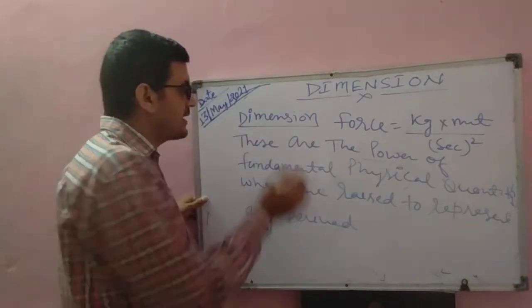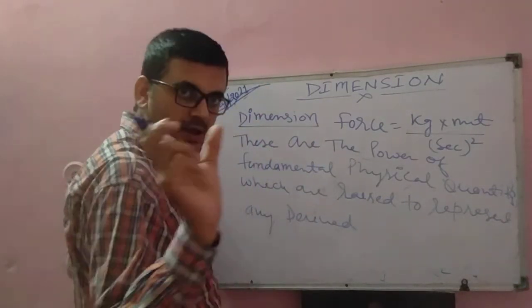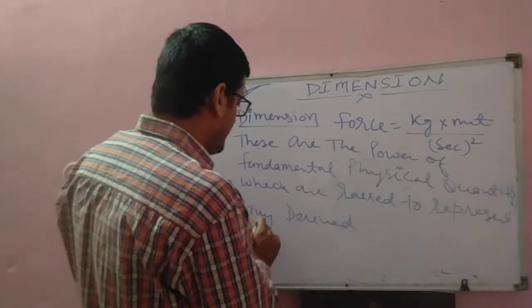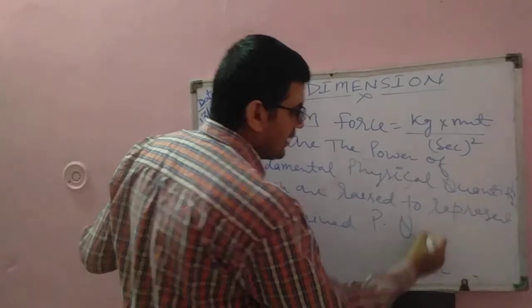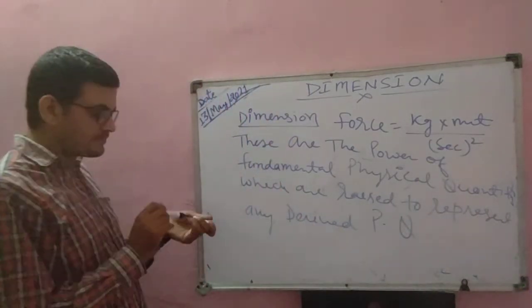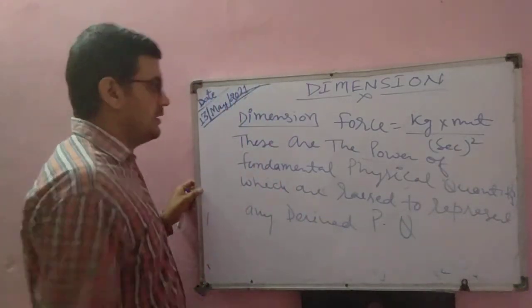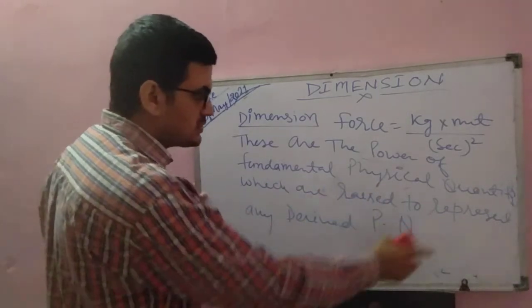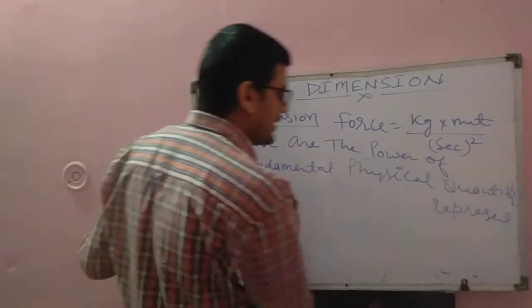We have represented derived physical quantity. We are using this to represent any derived physical quantity. Okay, these are the power of fundamental physical quantity which are raised to represent any derived physical quantity.